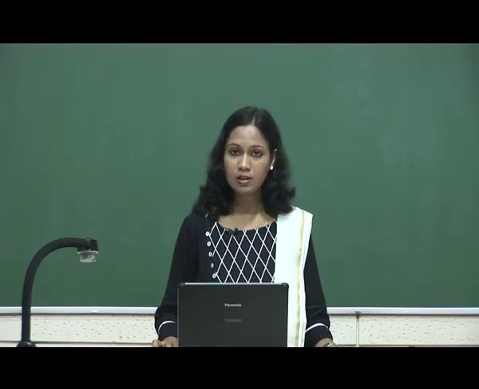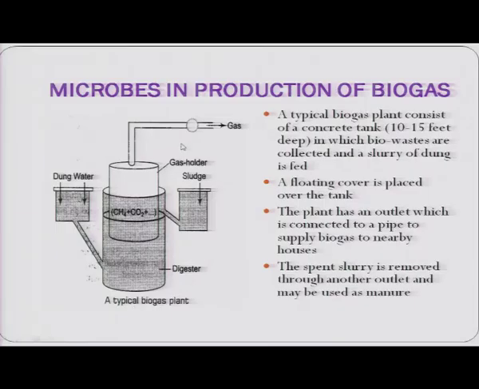So, let us see what a typical biogas plant looks like. As you can see in this picture, the biogas plant comprises a concrete tank which is 10 to 15 feet deep, and in this the bio waste is collected. Then there is a smaller tank, where the dung and water are mixed together.